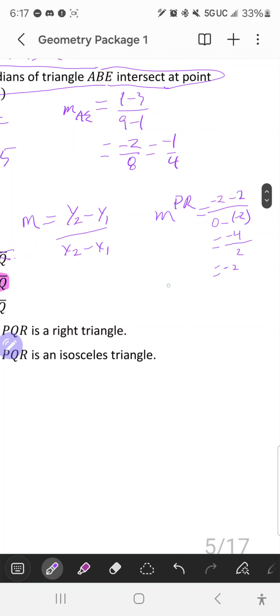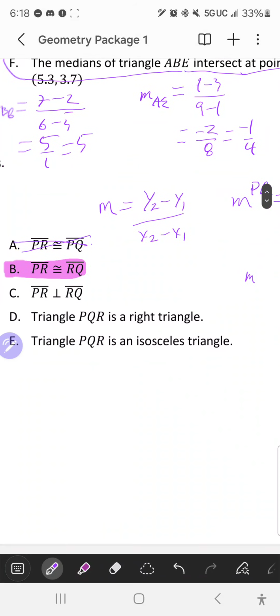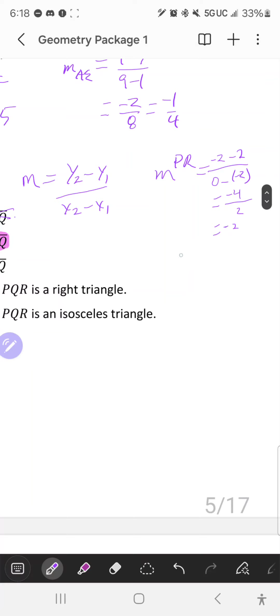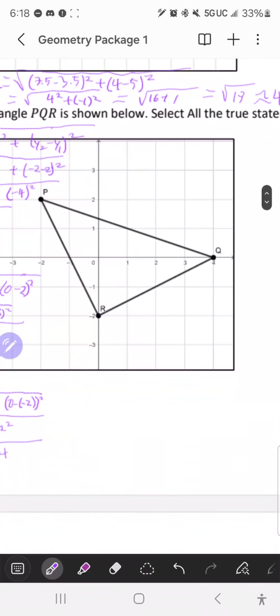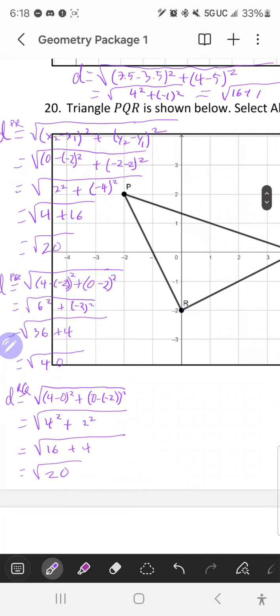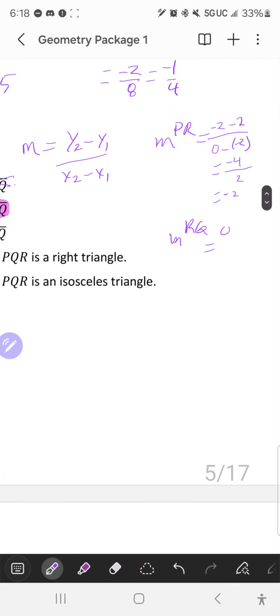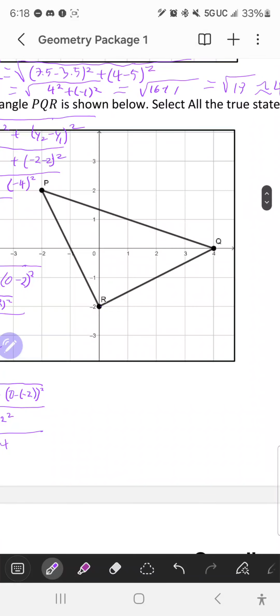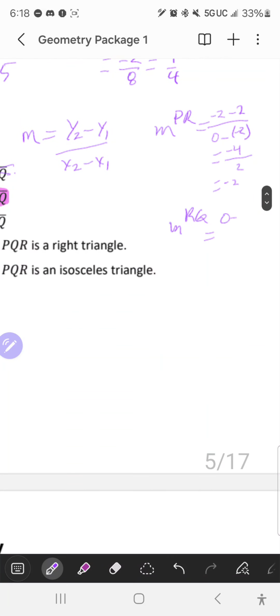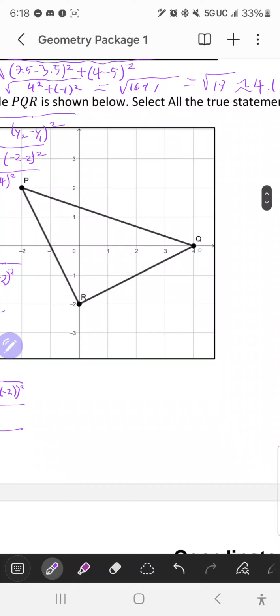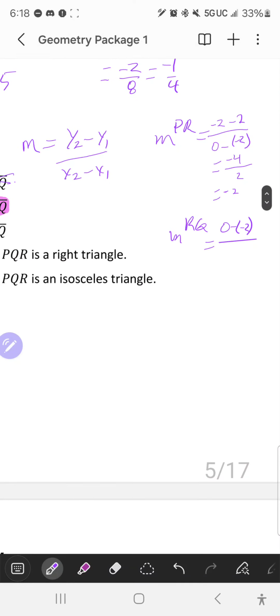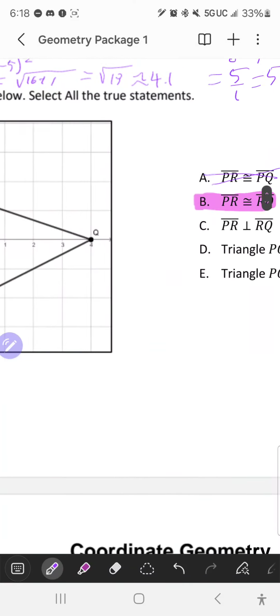So let's calculate the slope of RQ. The slope of RQ is going to be equal to y2, which is 0, minus negative 2, over x2, which is 4, minus 0.